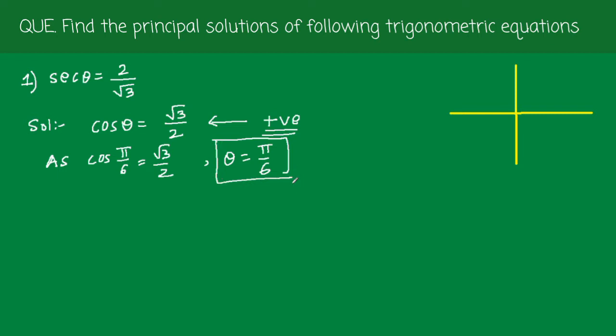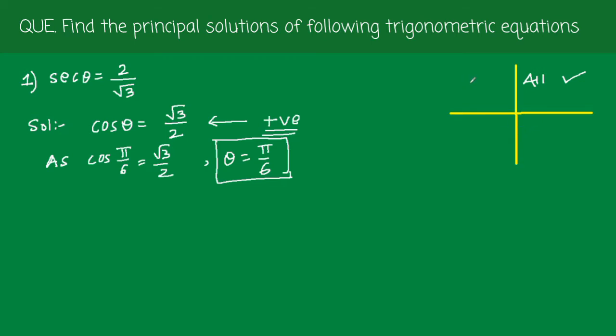See, when the value of a particular ratio is positive, then we always get the first solution in the first quadrant because all ratios are positive there. We call that particular angle theta, which is the solution pi by 6. Now we will see, other than the first quadrant, in which quadrant the cos ratio is positive.